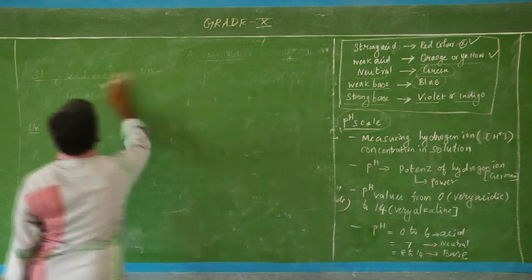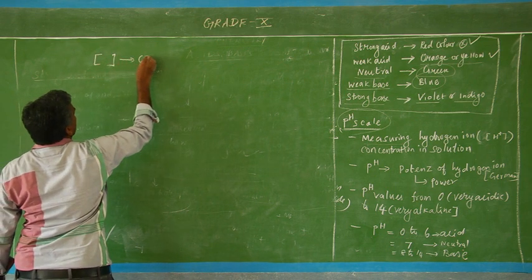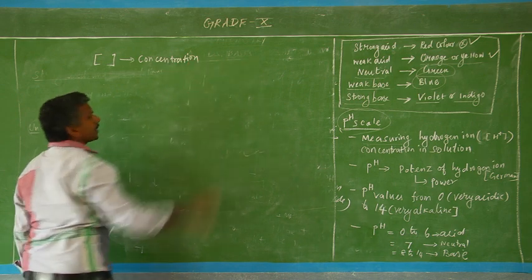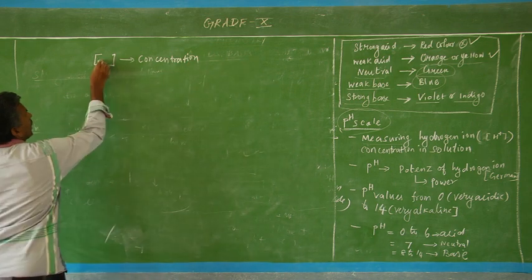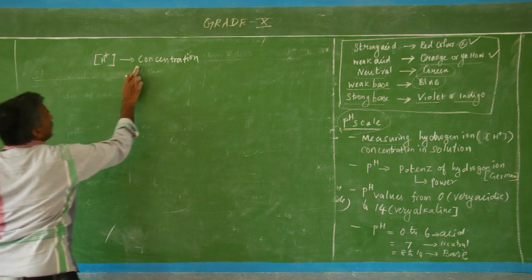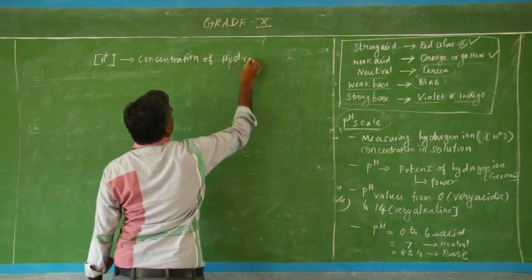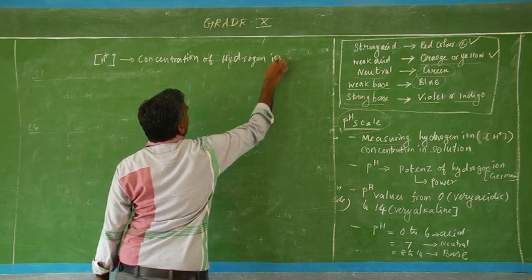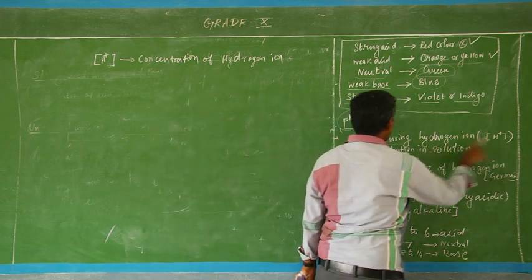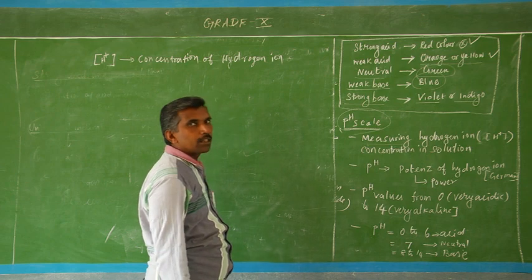This bracket indicates concentration. Here I will write H plus ion. This bracket indicates the concentration of hydrogen ion. That is the measuring of hydrogen ion concentration in solution.